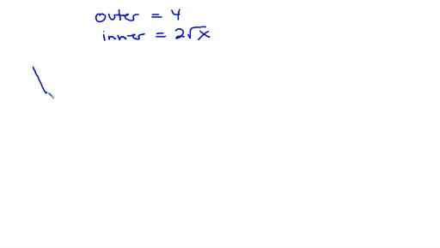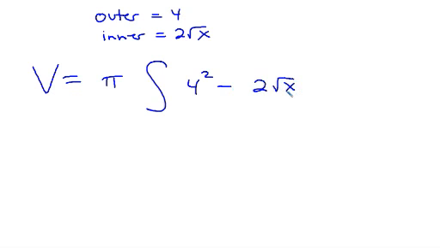So my volume works out just like before. I'm going to have a pi out in front, but I'm going to have the outer radius squared minus the inner radius squared dx.